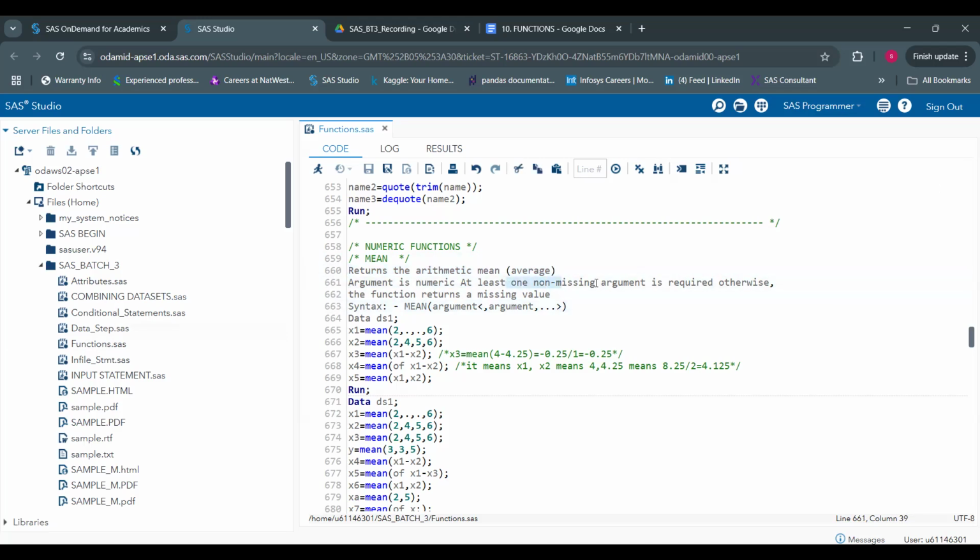At least one non-missing argument is required, otherwise the function returns missing. The mean can't calculate on missing values, so at least one argument should be a non-missing value. We have quite a few means here. Let's start.